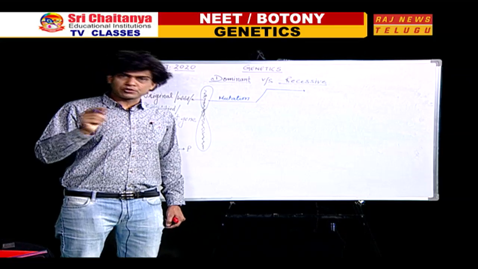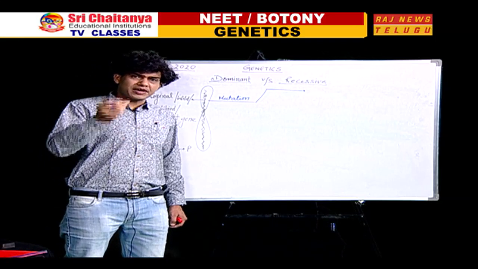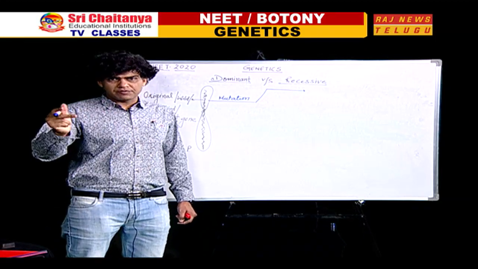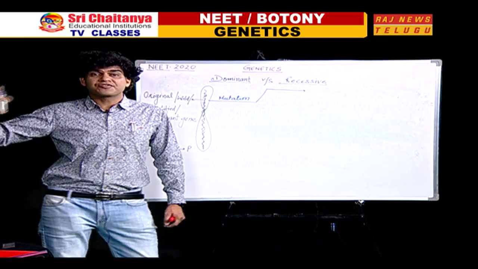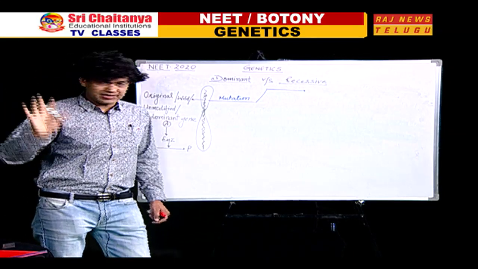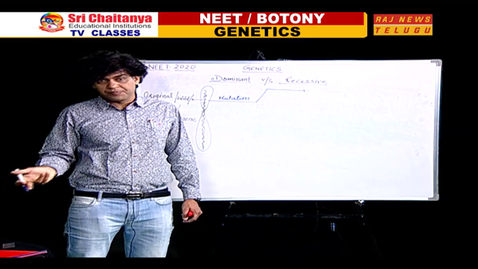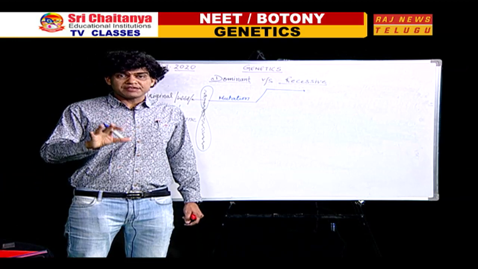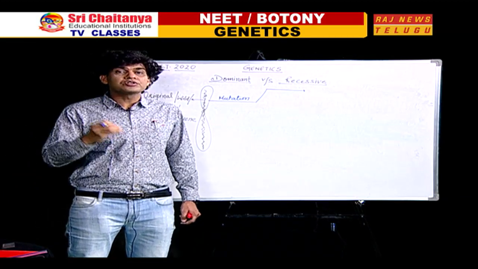So with respect to missense mutation, when within a protein one or two amino acids get changed, it can result in, most of the time, either a less efficient enzyme or a non-functional enzyme. The third type of mutation is a nonsense mutation, meaning after mutation the sense of the DNA is finished.